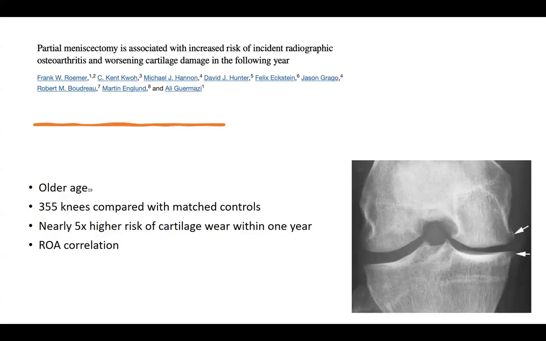In the randomly selected matched control group, which were matched for age, sex, BMI, none of those patients in that cohort had a history of meniscal surgery during that period. Additionally, with the help of MRI, the authors found that patients who underwent partial meniscectomy demonstrated a 4.5 times higher rate of cartilage wear during the survey period.